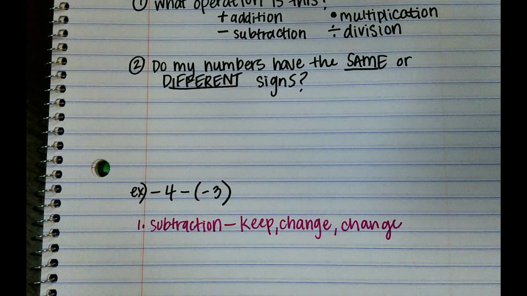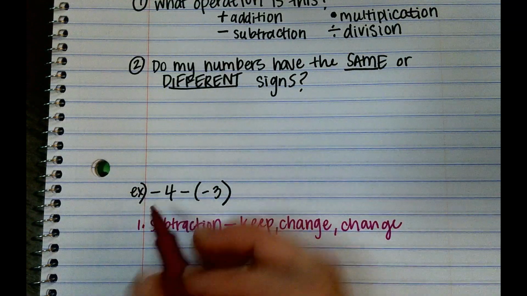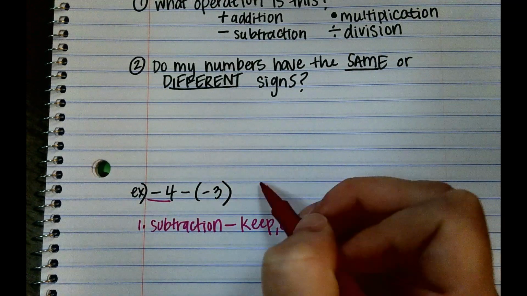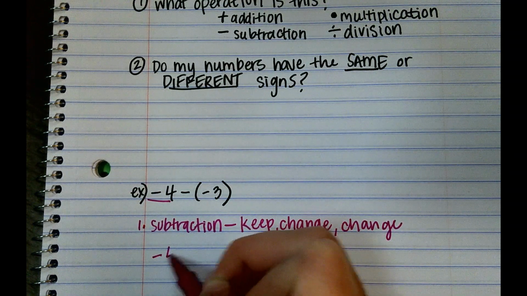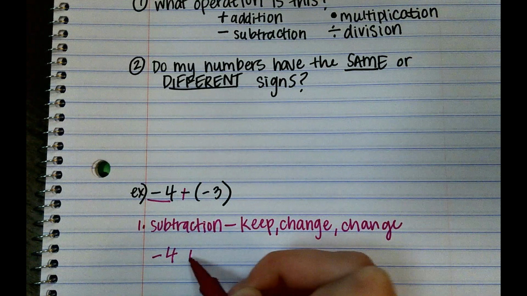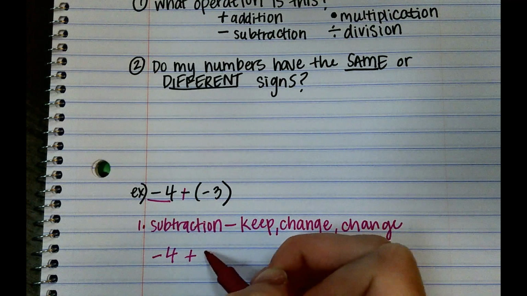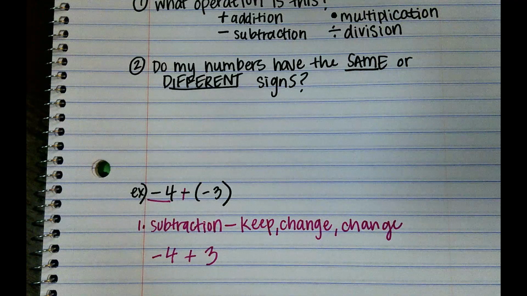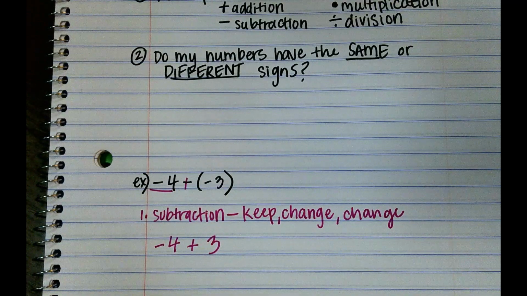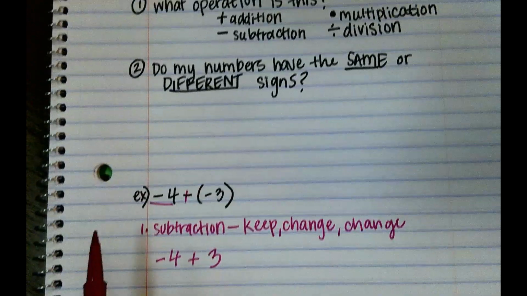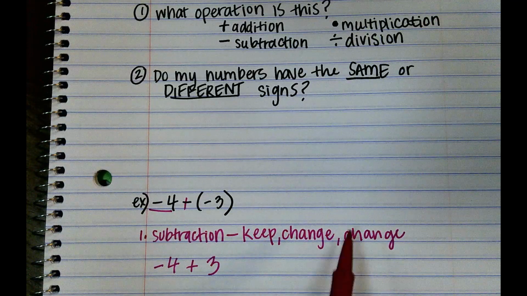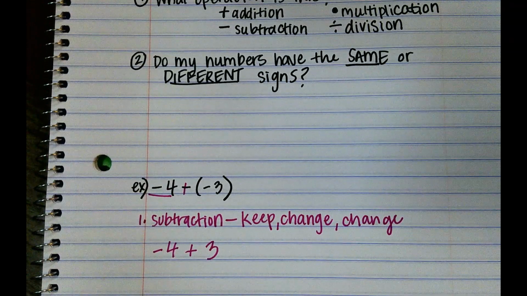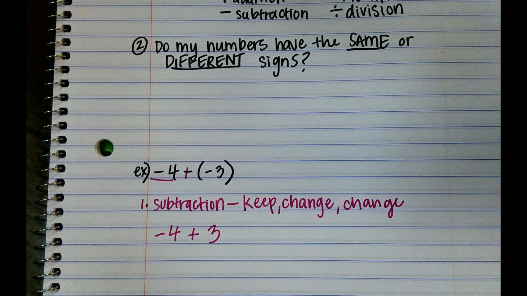So now let's do that keep, change, where we keep -4, change to plus, change negative to positive. Step 1 is done. We used the operation rules, we identified it's subtraction. But now, has our operation changed? Yes, it has.